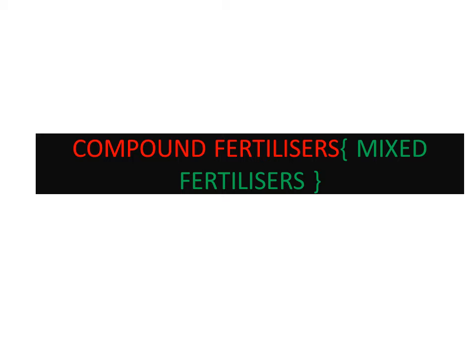MAP, meaning monoammonium phosphate. Another example is diammonium phosphate, DAP.